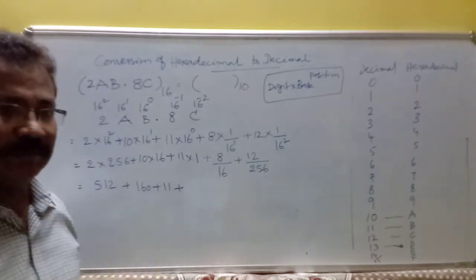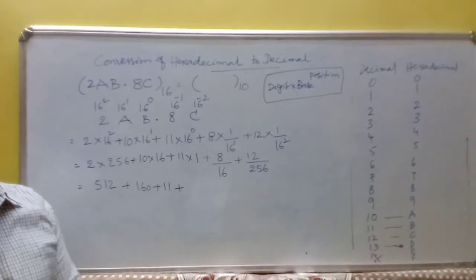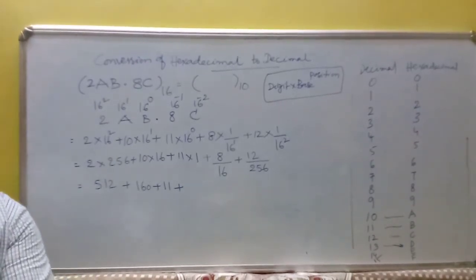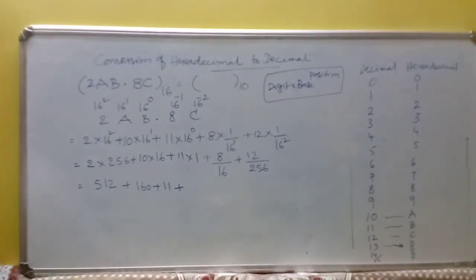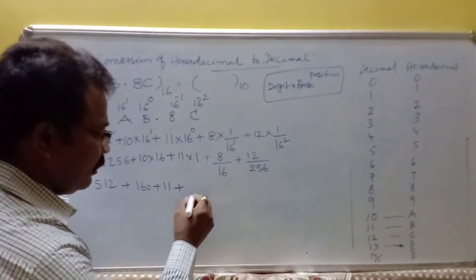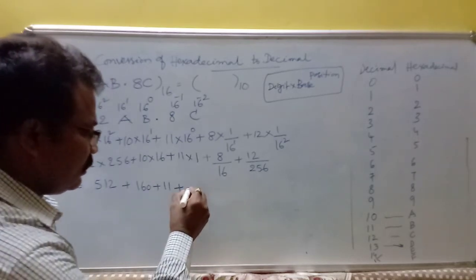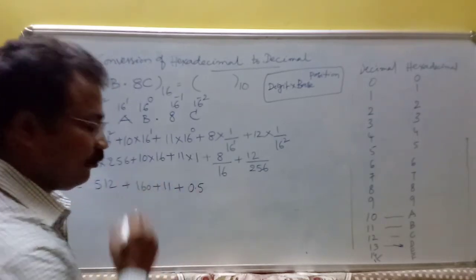Here what is 8 by 16? 8 by 16 means 1 by 2, that is 0.5.